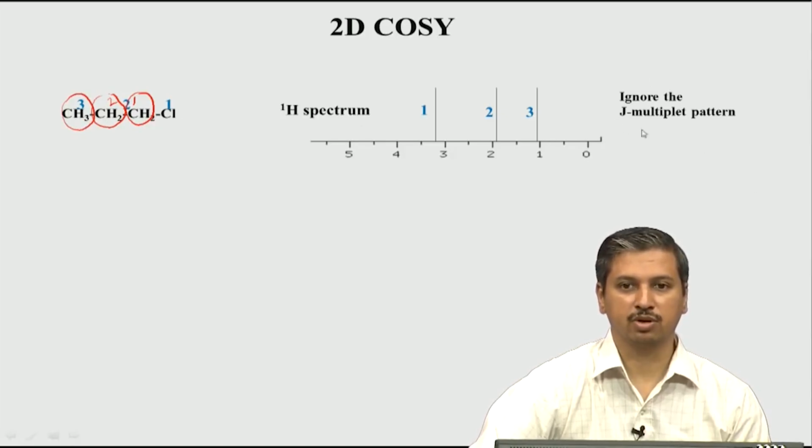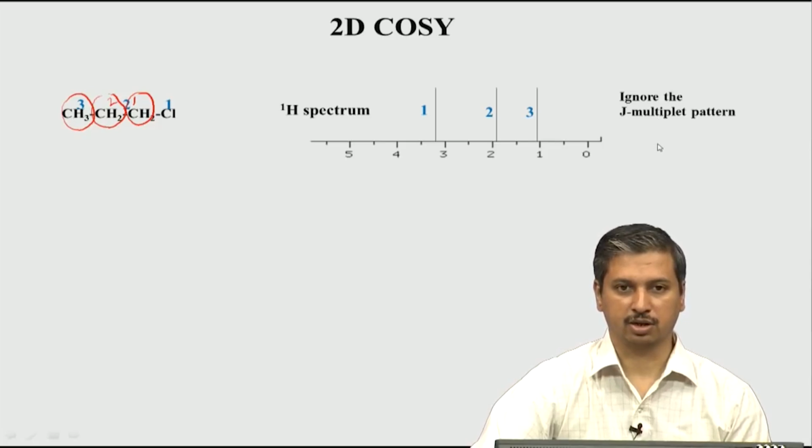Now, let us ignore the J multiplet pattern. Remember again, in this entire course, when we go to 2D NMR, we will not be focusing on the J multiplet. As far as 1D is concerned, we have already looked at it and saw how we can use it for getting the structures, but when it comes to 2D, we normally do not consider them.